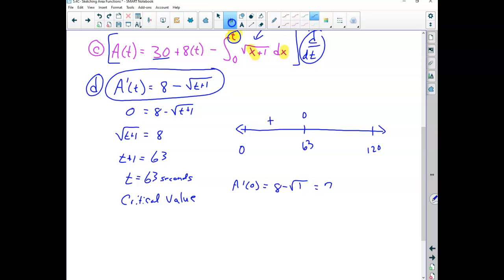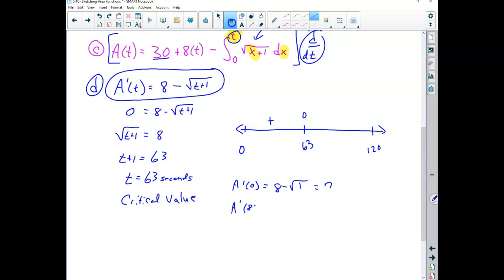That means I'm increasing there. And I'm going to find A prime of, what am I going to find over here? After 63, I want something for a nice square root. So let's find, 9 times 9 is what? 81.